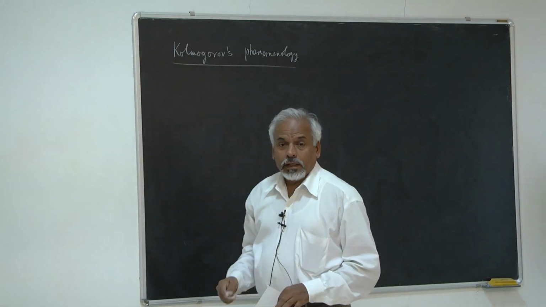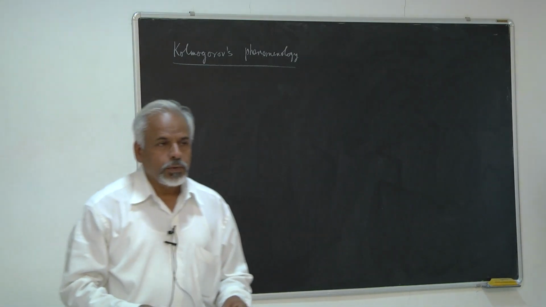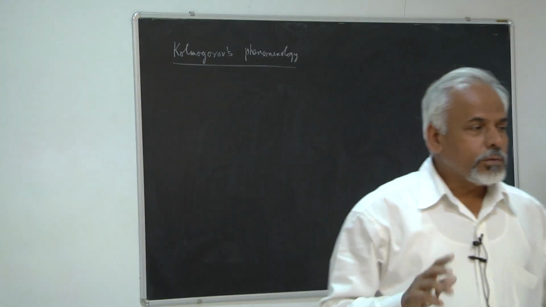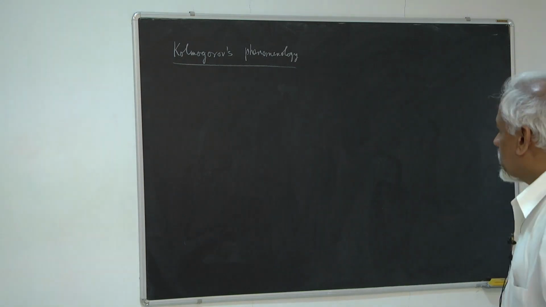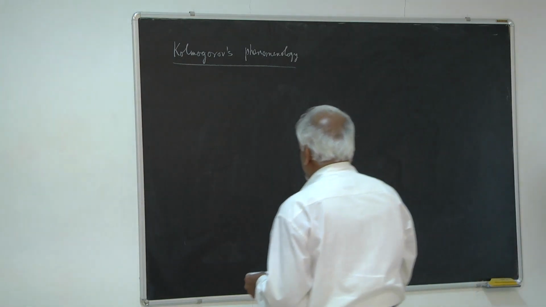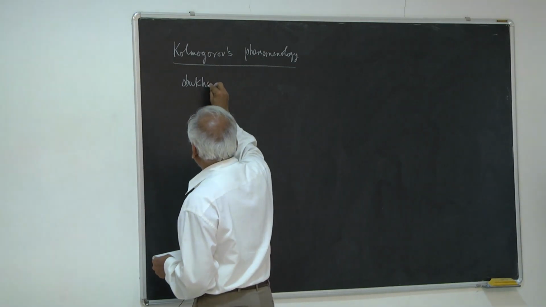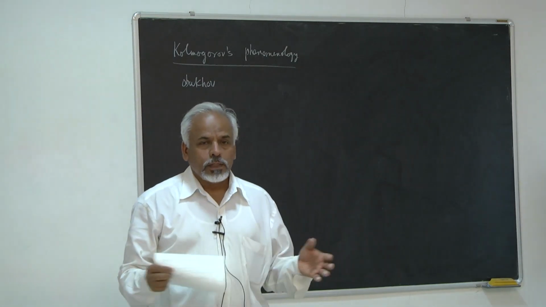Now, the idea is so powerful that many people came to the same conclusion around the same time. The one that followed Kolmogorov is Obukhov, who was his student, and they wrote two separate papers.